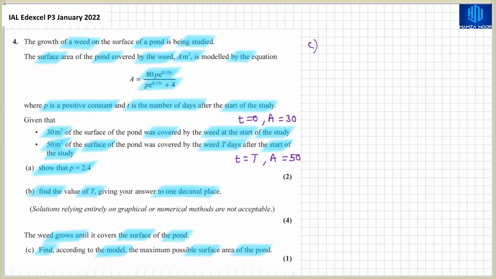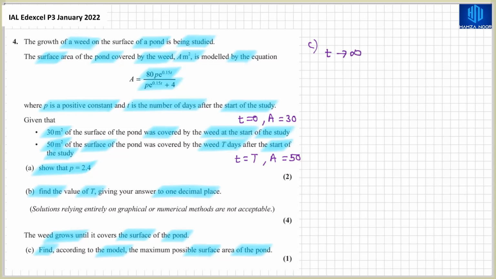The weed keeps on growing until it covers the complete surface of the pond. So we can say that t approaches a very large value, meaning t approaches infinity.